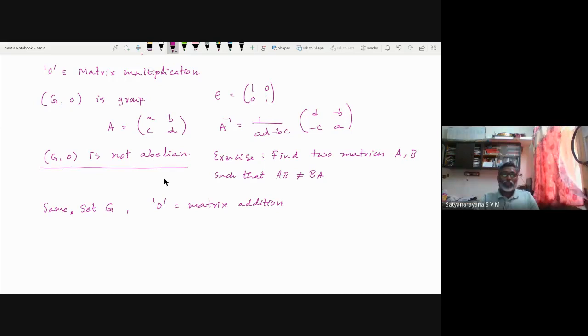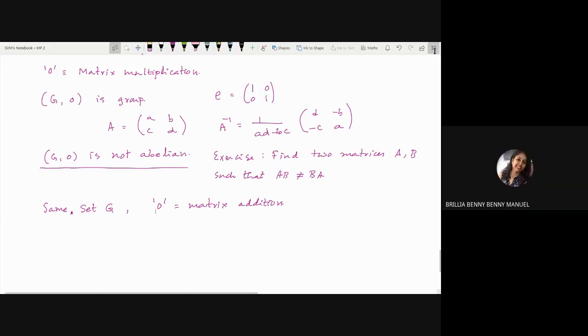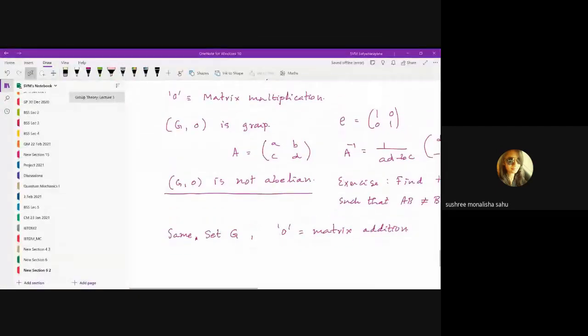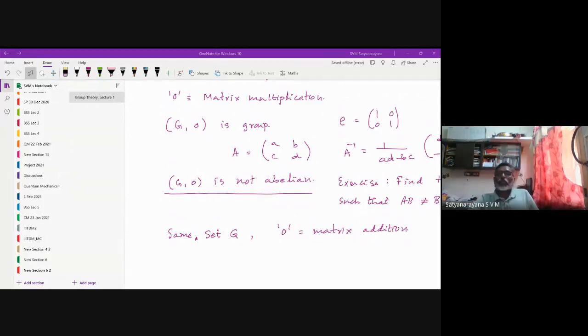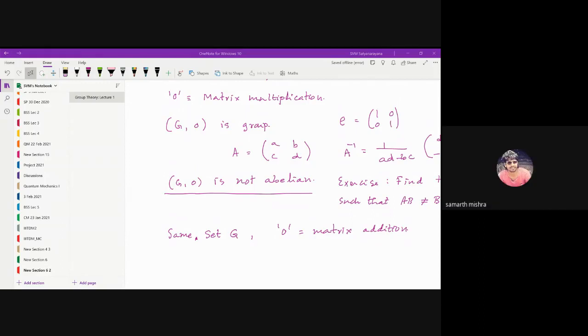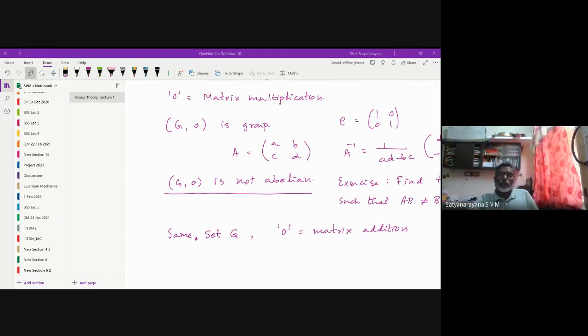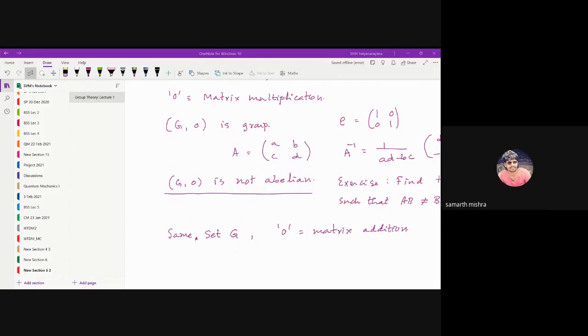Matrix addition will follow the commutative property. So it's an abelian group. It will be an abelian group for matrix addition.